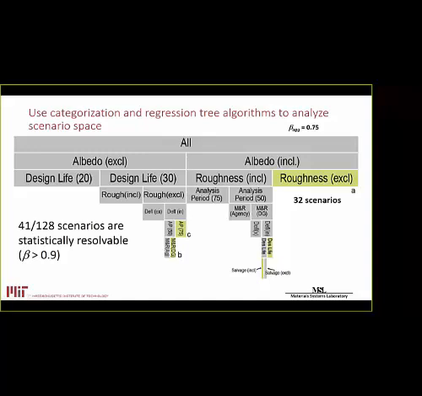So if we choose a scenario where albedo is included but roughness is excluded from the analysis, then there are 32 scenarios where we can say one is better than the other. Whereas in some of these other ones, we have to get a bit more specific. We have to look at including roughness, a 50-year analysis period, choosing this particular maintenance and rehabilitation scenario, and so on. So for this very specific set of scenarios, we have a few where we can say one's better than the other.